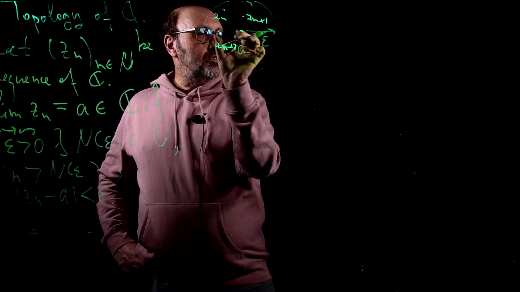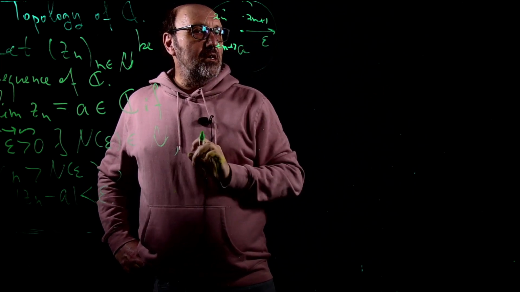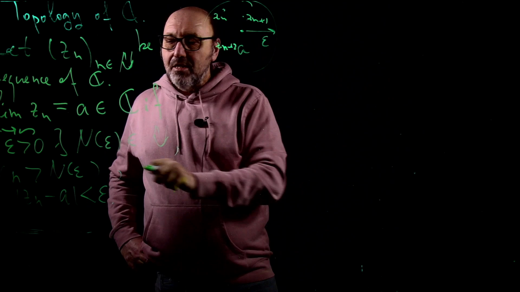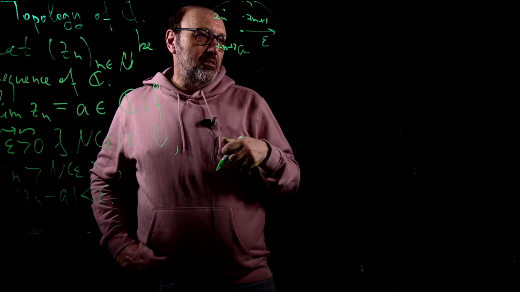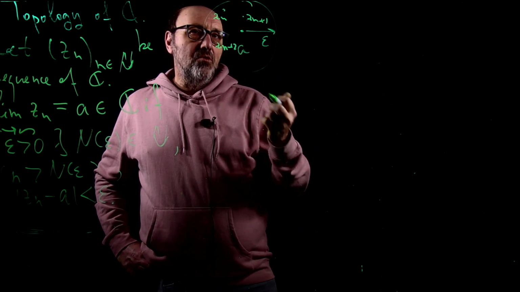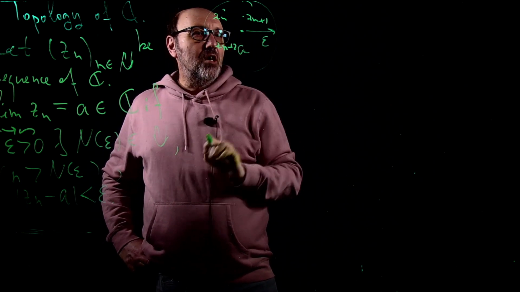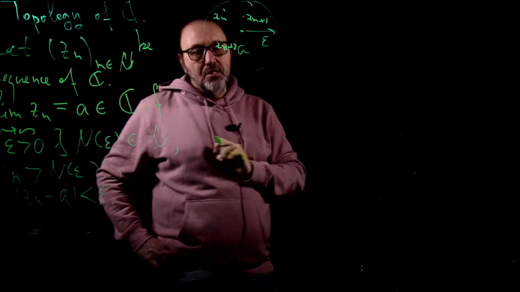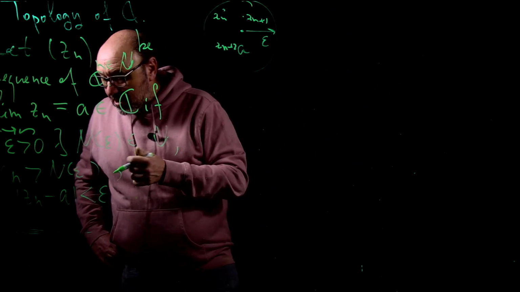If you consider a smaller radius, you shrink your disk, then you can increase capital N, but after this, for all n bigger than capital N, all points of your sequence are inside this disk. This means that your sequence Zn is convergent.